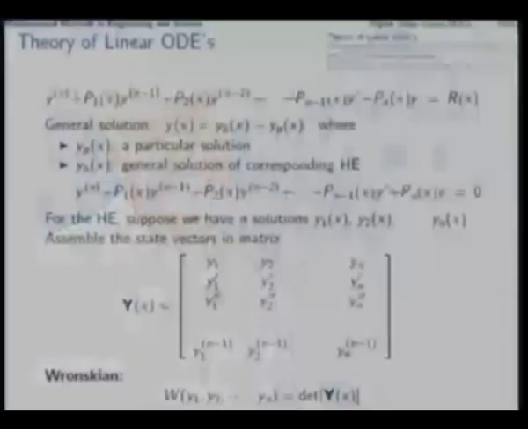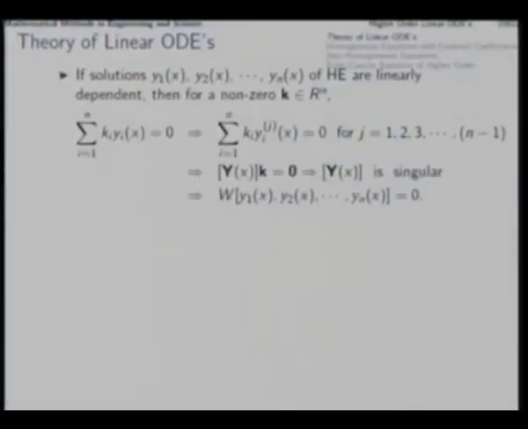Now, parallel to the theory that we studied in the case of second order differential equations, here we will have corresponding points. First point is that if these n solutions of the homogeneous equation are linearly dependent, then the Wronskian will be 0. How do we prove that? We say that if these are linearly dependent, then for a non-zero vector k, we can find this.